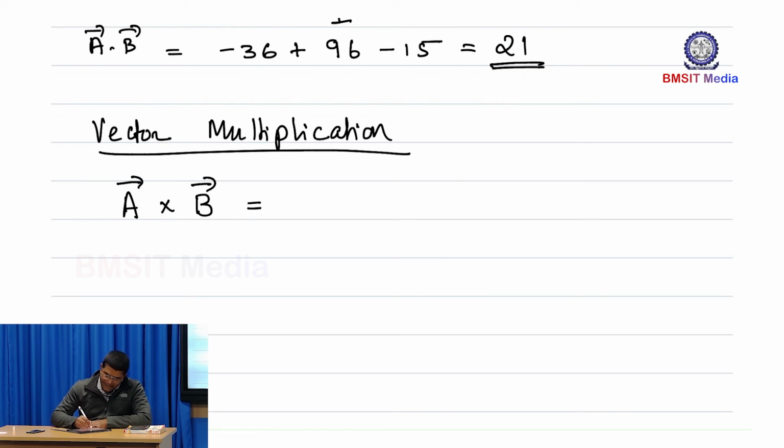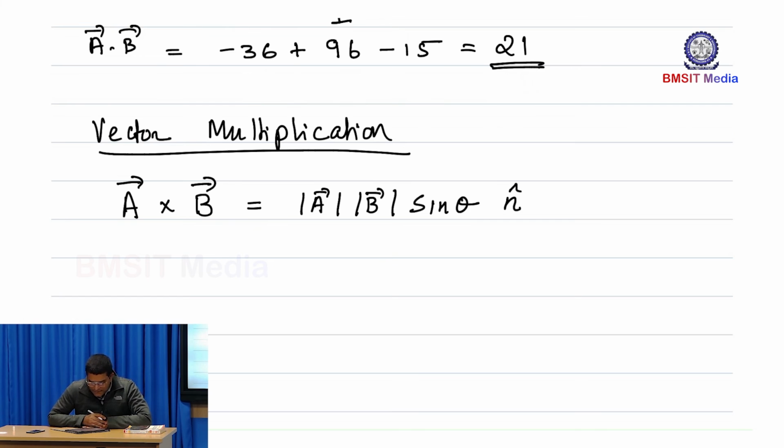That means the standard definition says that it is equal to magnitude of vector A into magnitude of vector B into sine of the angle between A and B, and the direction of the resultant vector is a direction which is normal to both A and B. So this is how the definition of the vector multiplication or cross product is.